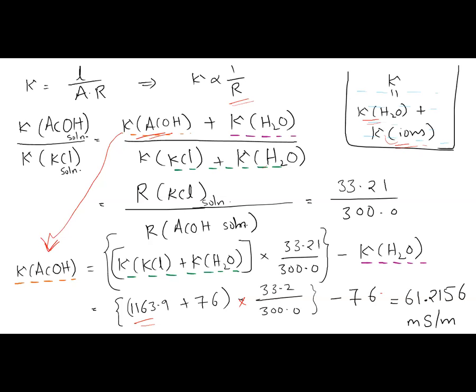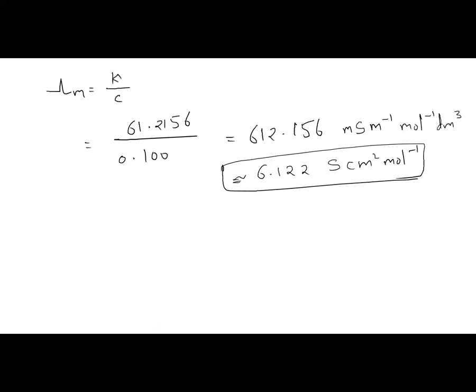But the question has asked us to find the molar conductivity of the acetic acid. We know this equation, how the molar conductivity is related to the conductivity. So the kappa value we know, and the concentration also we know. You just need to divide these two, and you end up getting 612.156 millisiemens per meter per mole dm cube. Again, if you look at this one, it's in meter.